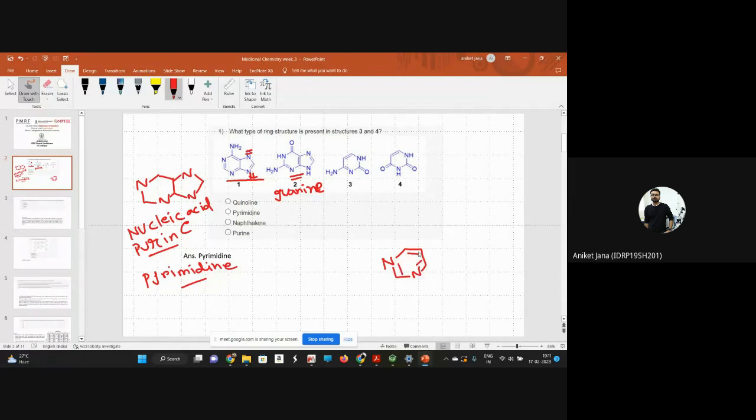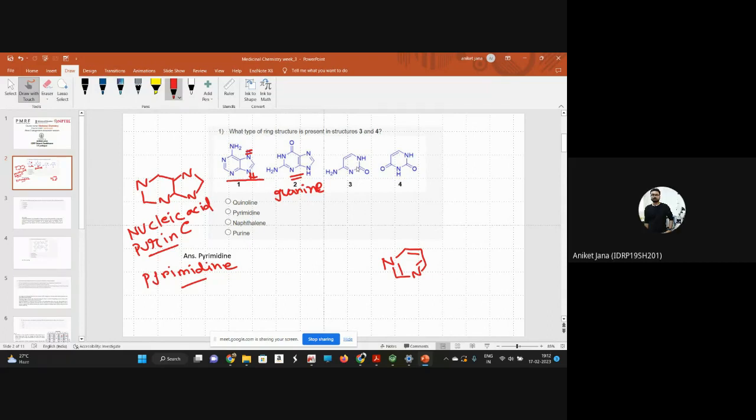This one. So is this exactly the pyrimidine structure? Is this a conjugated one? How can it be conjugated?